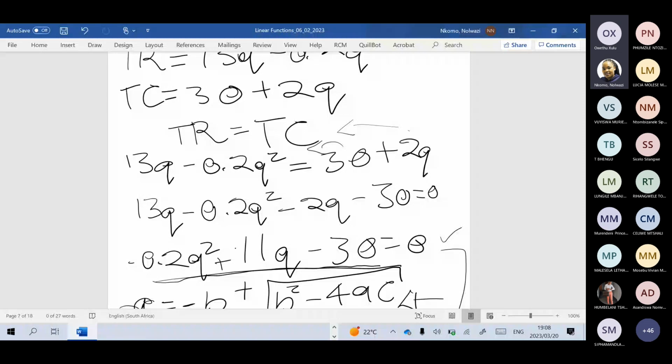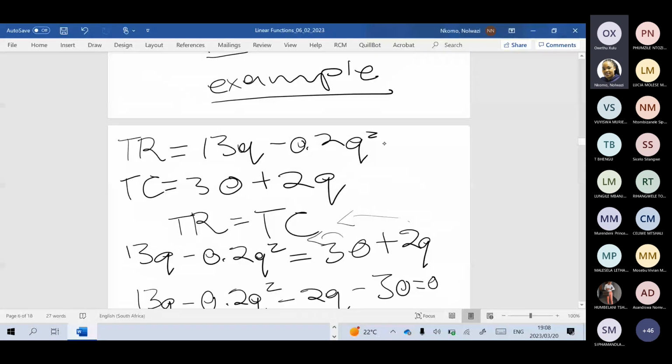That will be your total revenue at break even, and your total cost at break even. So that's where these two graphs meet. I've skipped the plotting of graphs in this section. If you want to skip them too, you can, but if you want to do it, that's still okay.